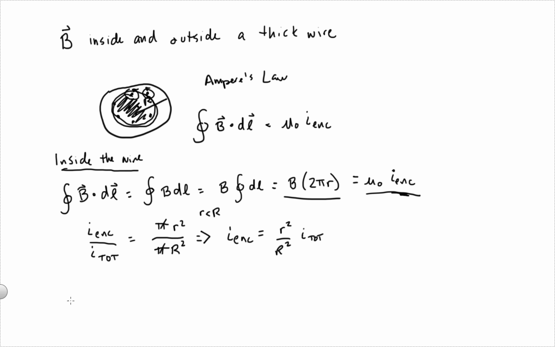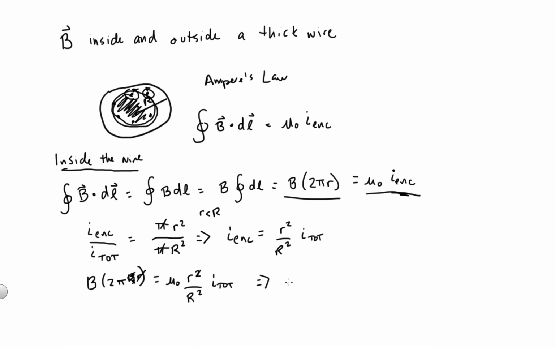And so let's combine all these terms together. So we have B times 2 pi little r is equal to mu naught times little r squared over big R squared times our total current. And we can factor out a little r and bring the 2 pi over.